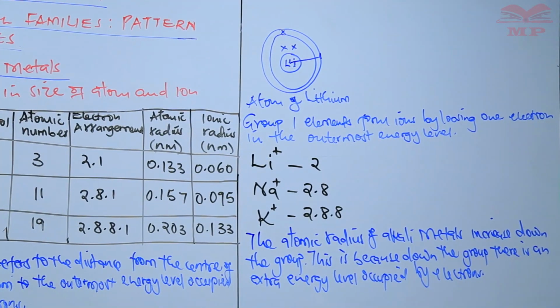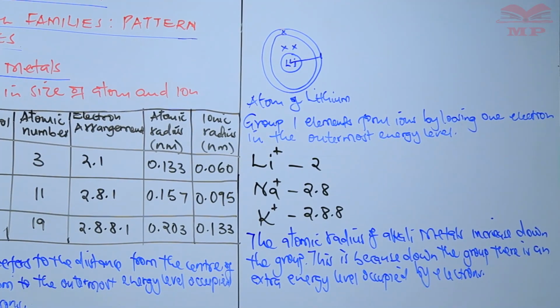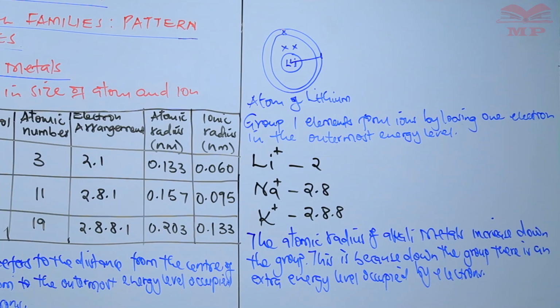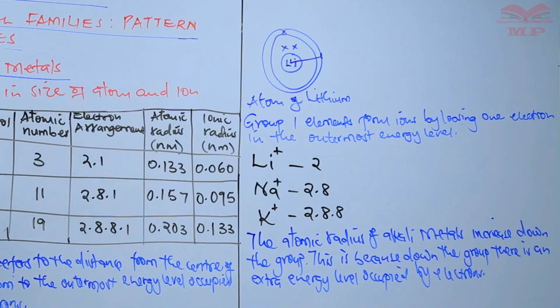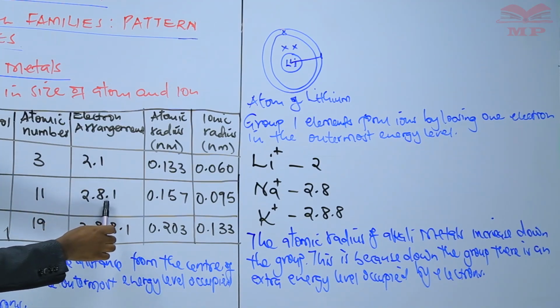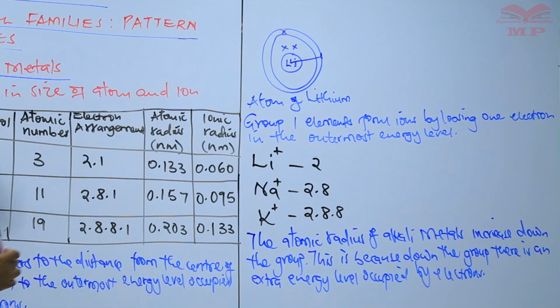And we have explained that the reason why the atomic radius is increasing down the group is because there is an extra energy level occupied by the electrons. If you look at lithium, this has 2 energy levels occupied by electrons. Sodium has 3 energy levels occupied by electrons.